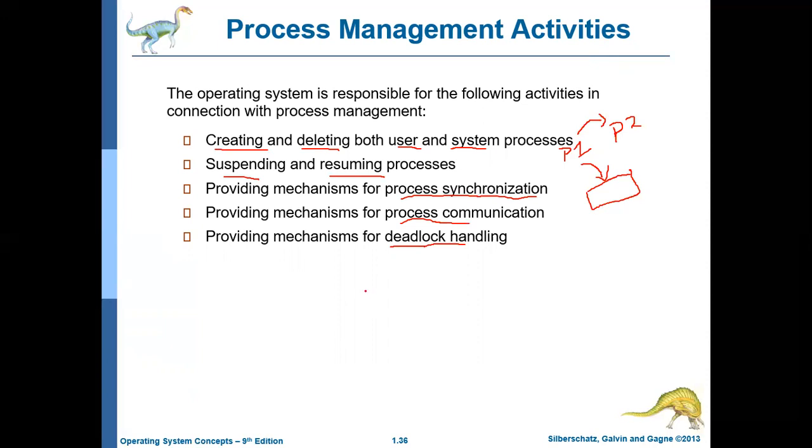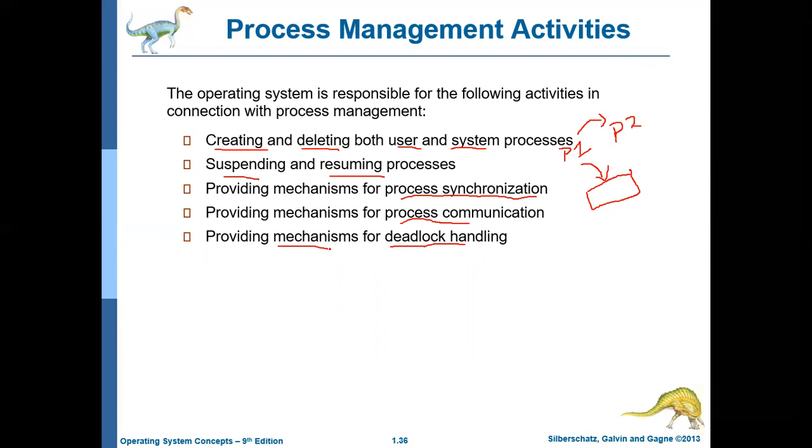The computer may come to a halt stage, which means it comes to a frozen stage. So how to handle such situations? The mechanism to overcome deadlock can also be given by the operating system.